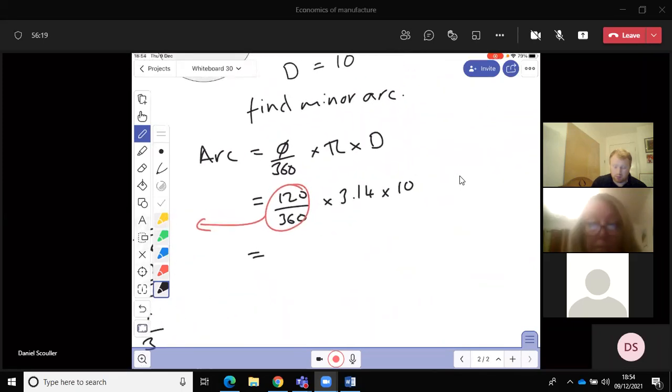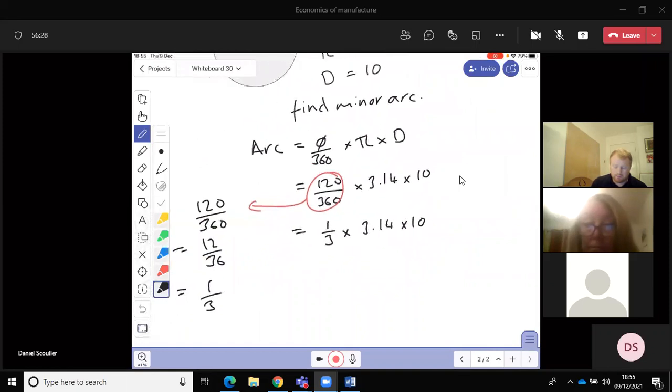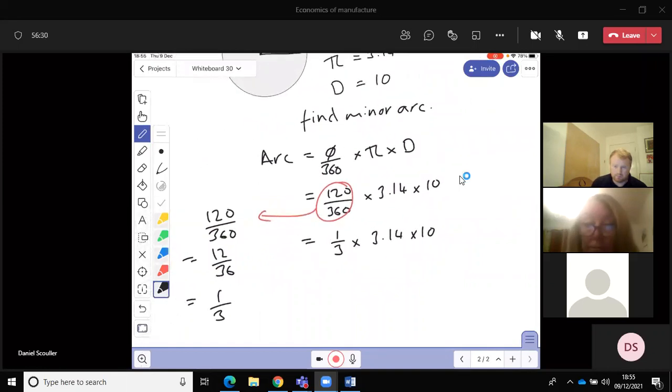Happy with that? Now that is a lot more digestible than 120 divided by 360 multiplied by 3.14 multiplied by 10. Now it's a case of just working through it.